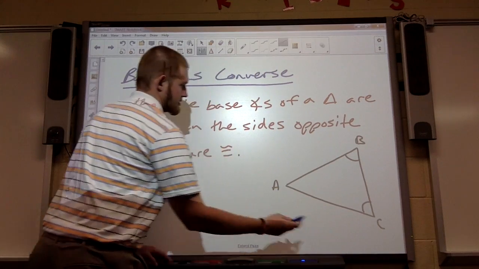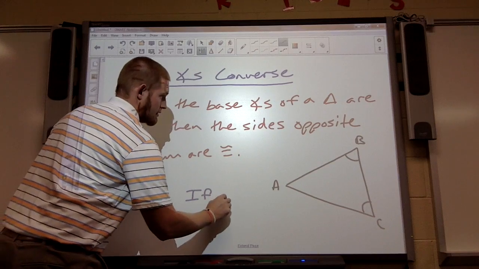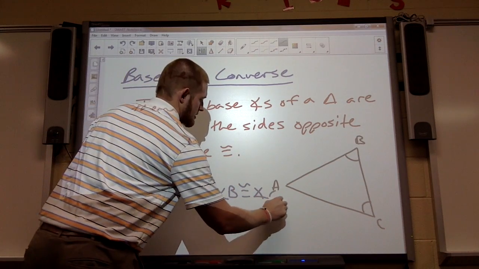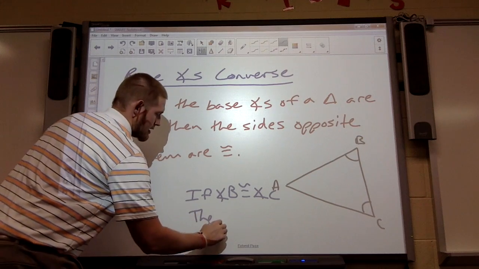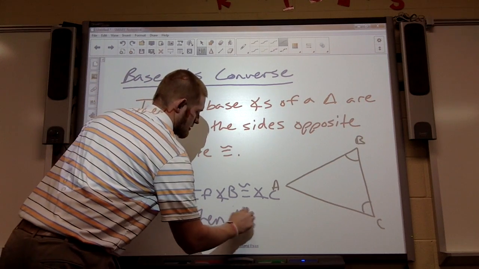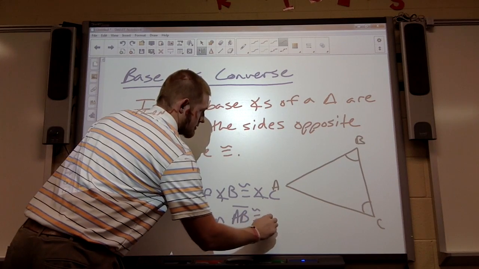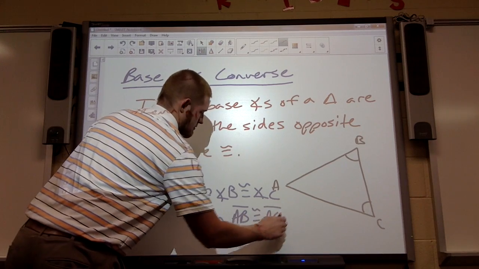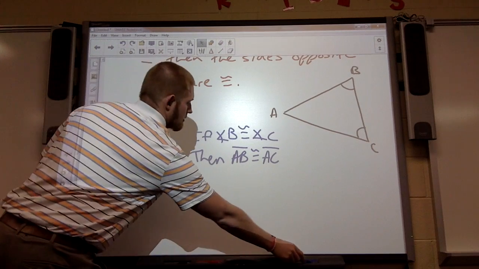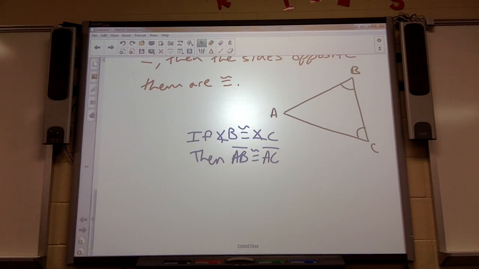All right, so we can say if angle B is congruent to angle C, then AB must be congruent to AC. So those should both be on your theorem sheet.